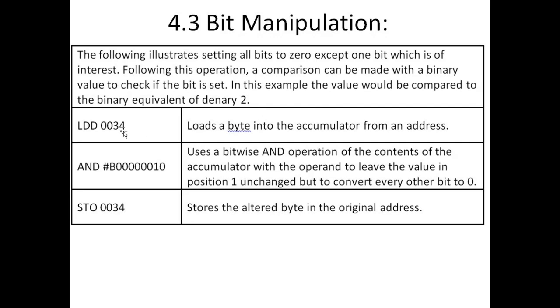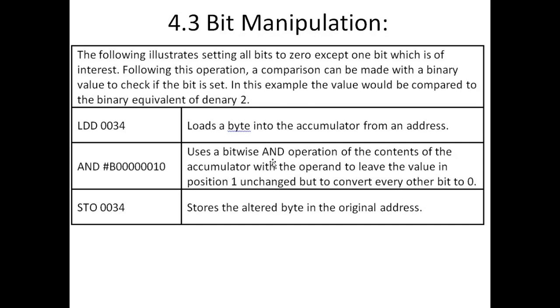So you are going to load a byte from this address, then you are going to perform a bitwise AND operation with this binary number where the second bit is on, all the others are off. That would mean that only this bit would contain an unaltered value, all the other bits would have a value of 0.